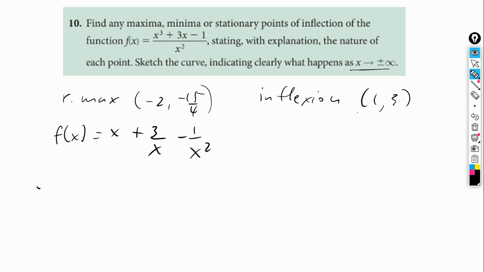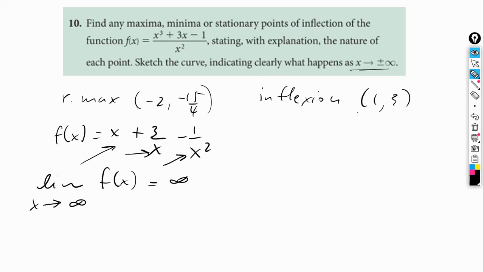If you have a limit as x approaches infinity for f of x, this would tend to 0, this would also tend to 0, and this would tend to whatever x is. So x is infinite. Therefore, the function would tend to infinity. That means that it's going to go up. As x increases, the function will increase.